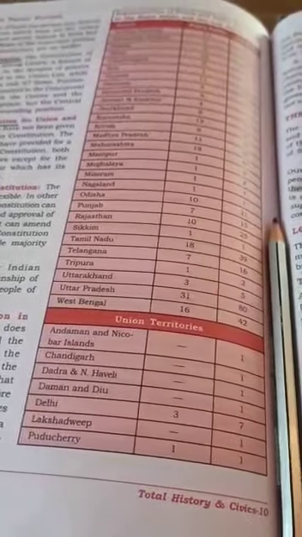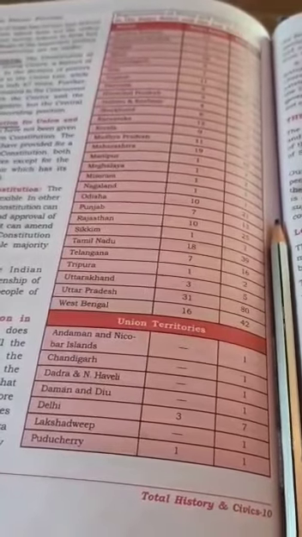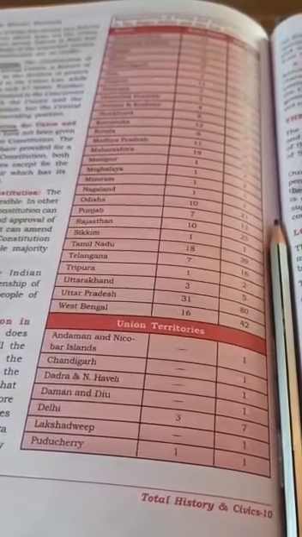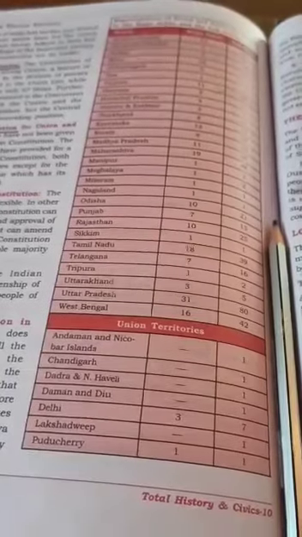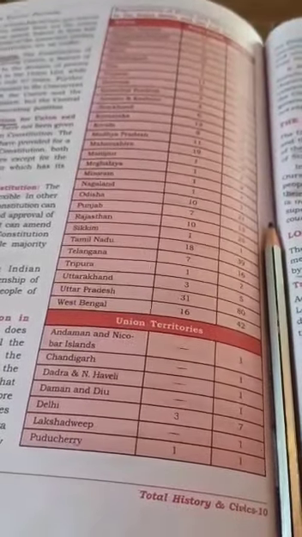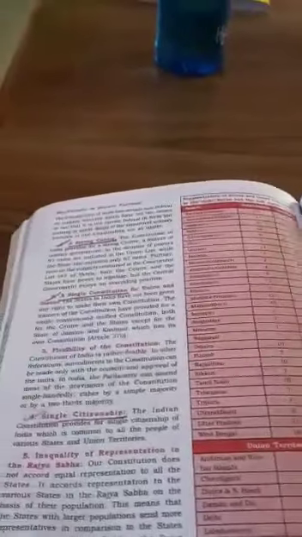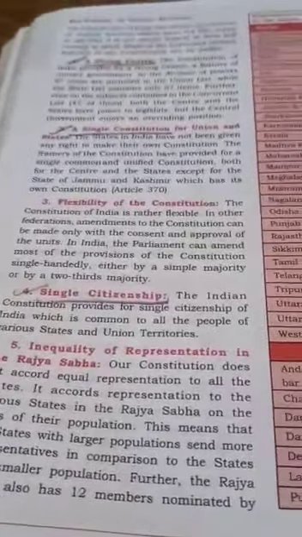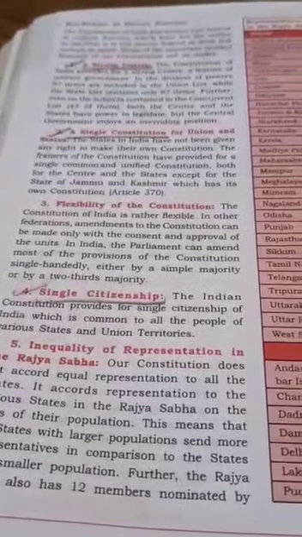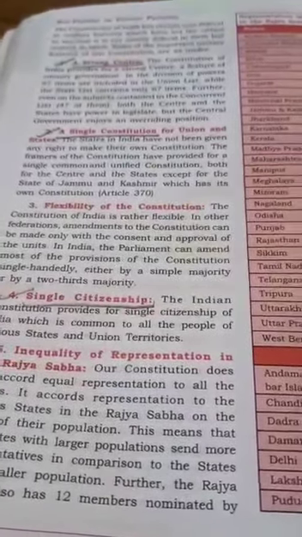How will we prove that the Constitution of India has certain non-federal or unitary features? A strong center. I told you that though we are having two different governments, the major decisions will be of the center only. We are having a strong center.